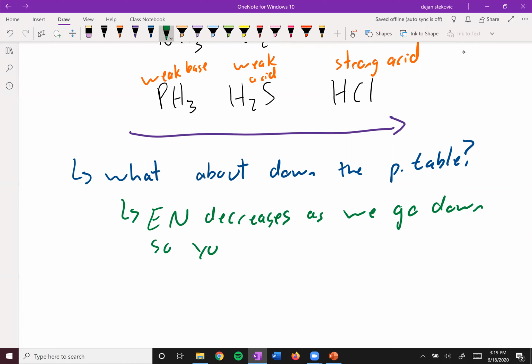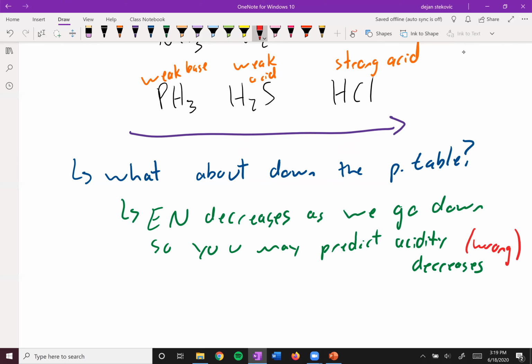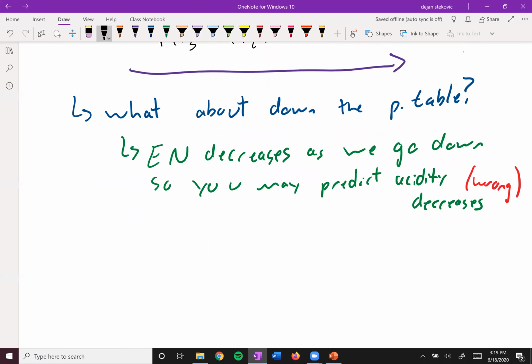So you may predict that acidity decreases. You go down, you get less electronegativity, so the difference in electronegativity decreases, so you become less acidic. But unfortunately, this is actually wrong. And we'll take a look at why.